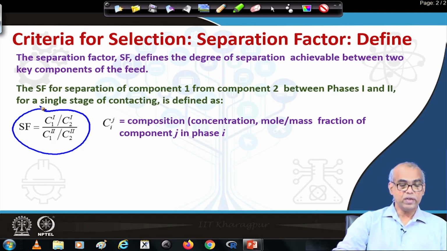So, in general we can say that the separation factor can be defined as a ratio of two ratios which indicates the composition of two species in both numerator and denominator. In the numerator you have composition of species 1 by composition of species 2 in phase 1, and in the denominator you have composition of species 1 by composition of species 2 in phase 2.